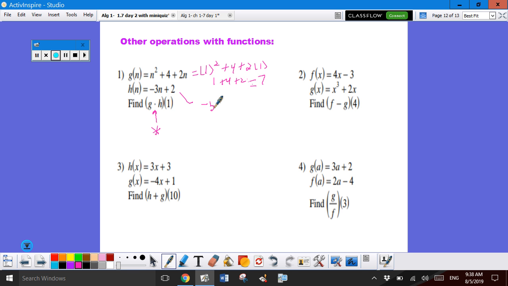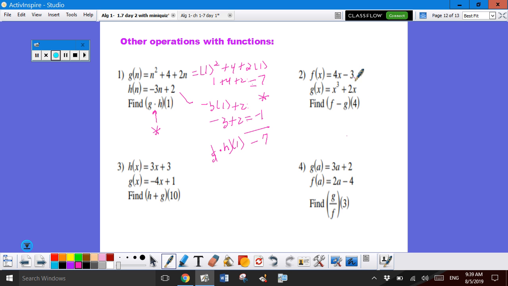For my h, I have to substitute in 1. Negative 3 times 1 plus 2. Negative 3 plus 2 is negative 1. And what am I doing with these guys? I am multiplying. So I'm taking 7 times negative 1. My answer is negative 7. So g multiplying h of 1 is negative 7.